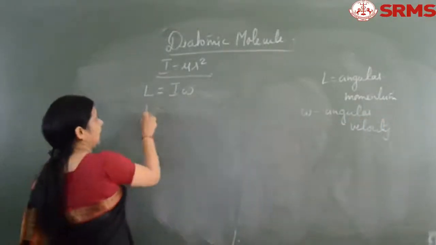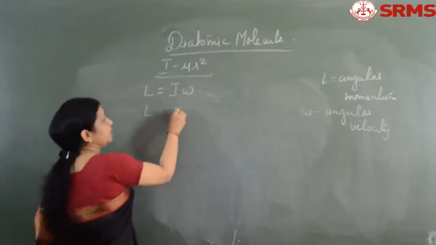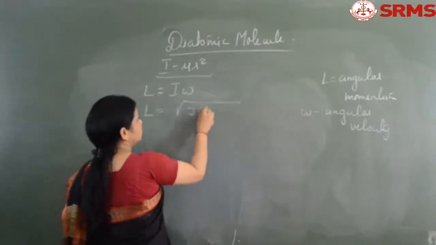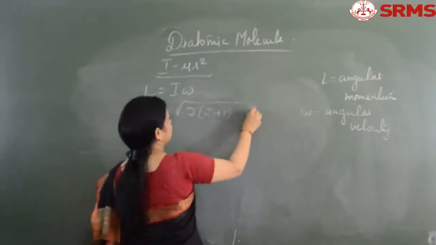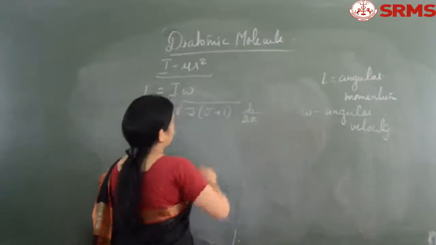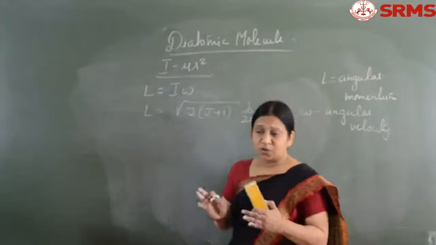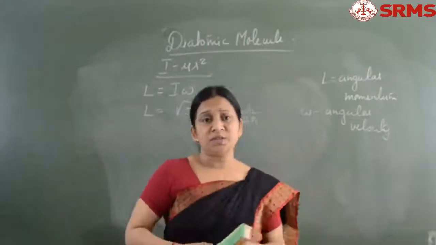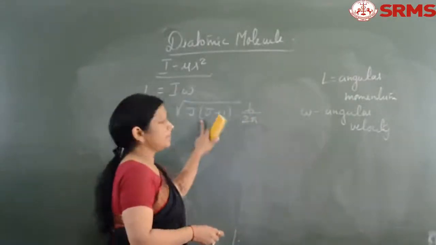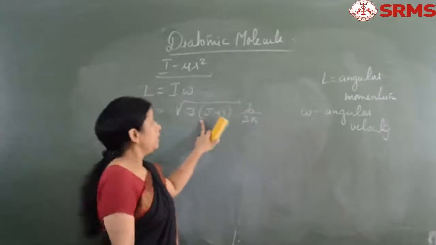Now L can also be written as square root of J into J plus 1, times h over 2 pi. Now this J is the rotational quantum number, which represents the rotational energy levels.